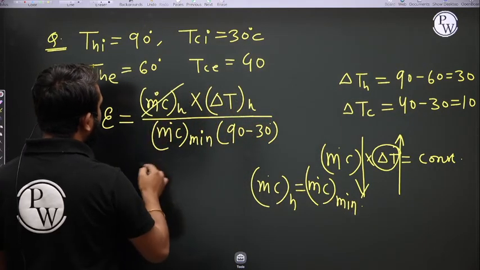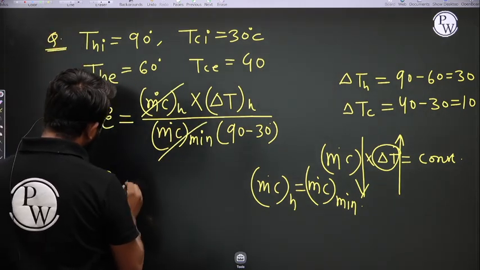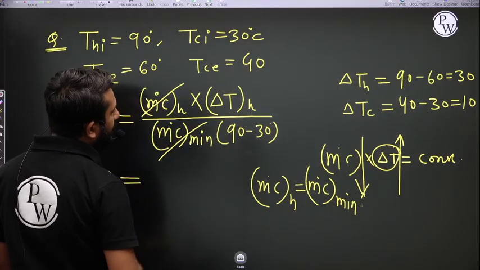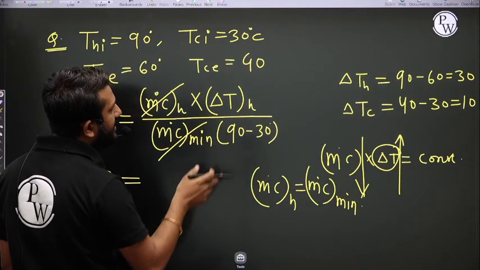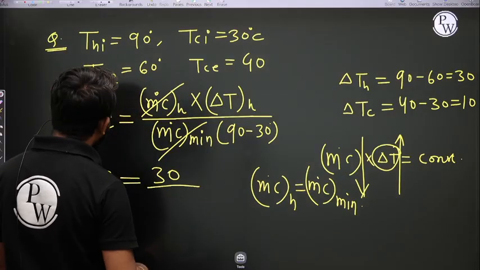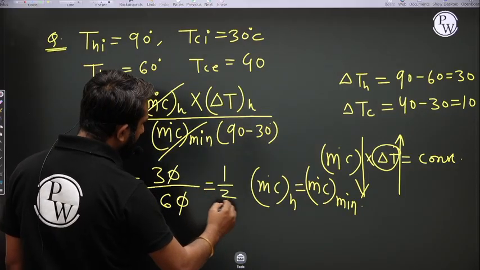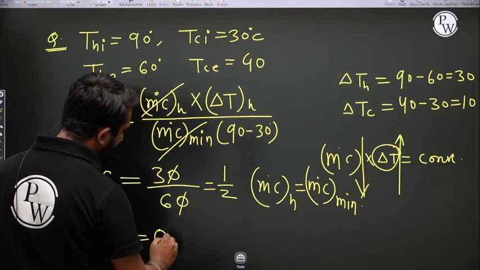So you can cancel the heat capacity rate from the numerator and the denominator. So ultimately what you are getting is this delta T_h, that is 30, divided by 90 minus 30, that is 60. So this is 1 by 2. So effectiveness is 0.5.